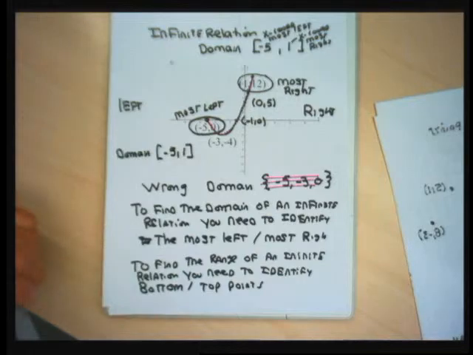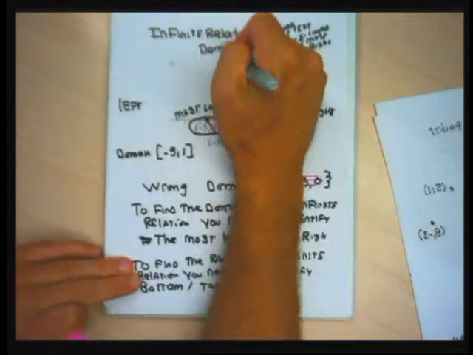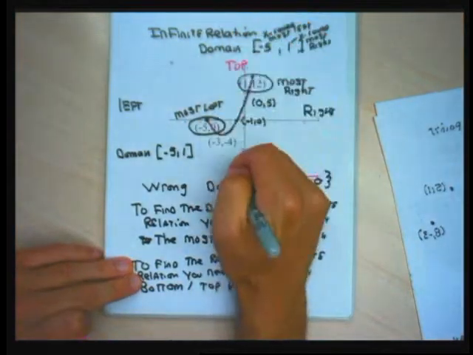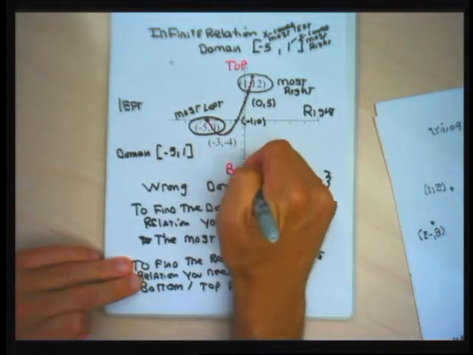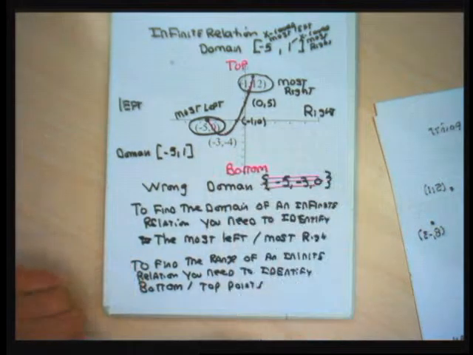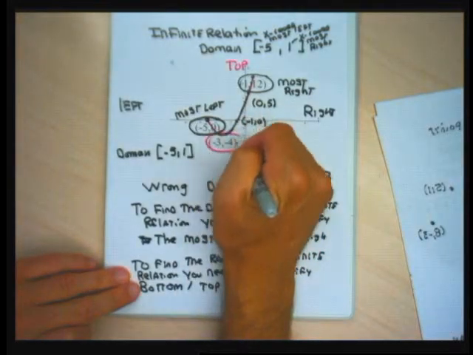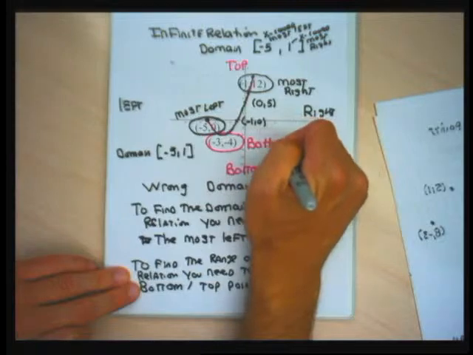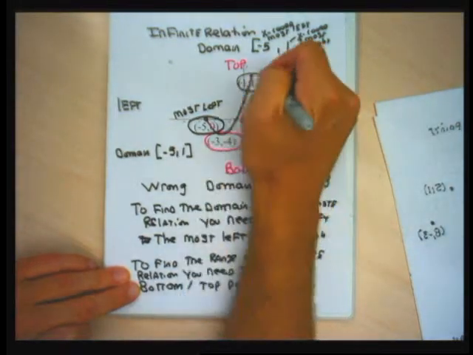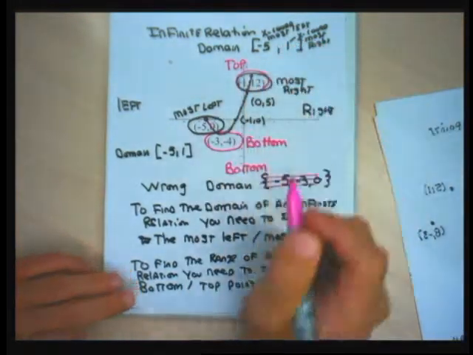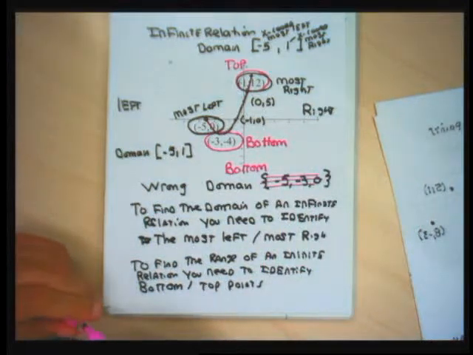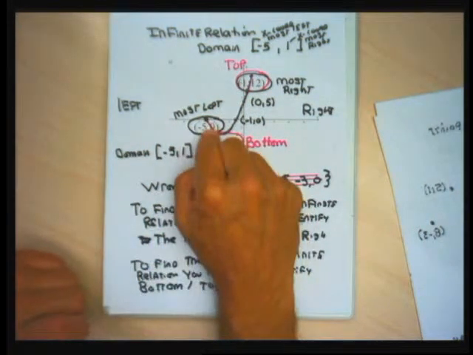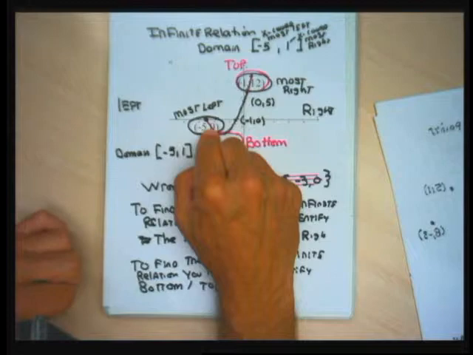In terms of a graph, the top is at the top of the y-axis, the bottom is at the bottom of the y-axis. I need to find the points closest to the top and closest to the bottom. This point, -3, -4, for this graph, it's the bottom point. There's no point lower than that. And the point 1, 12, it's also the top point. It's both a right and a top. The point -5, 0, it's at the far left end, but it's not the bottom.